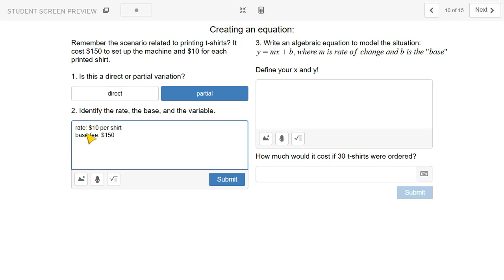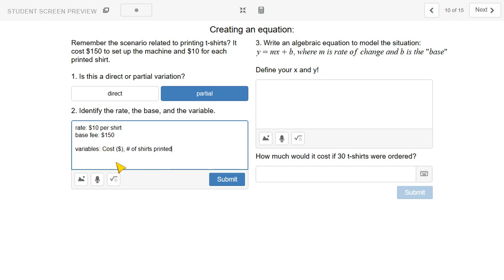Now, the rate will always tell you about the variable. So in the rate, we have $10 per shirt. So that gives us the clue that the variables that we have is going to be cost, which is in dollars, and the second rate, shirts, number of shirts sold or printed. Which one is X and Y?